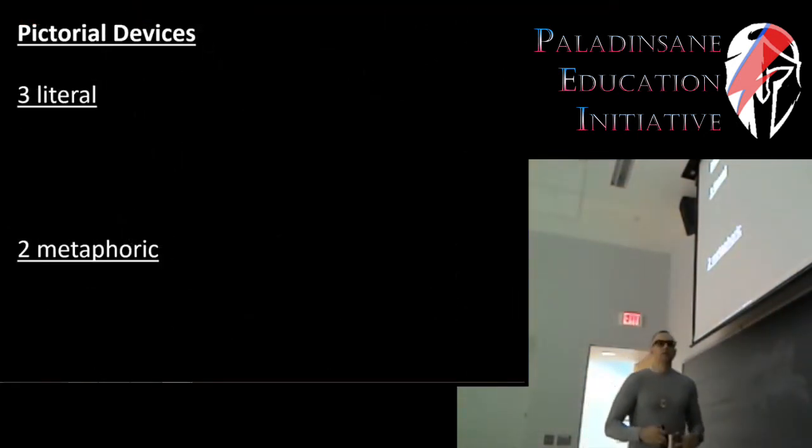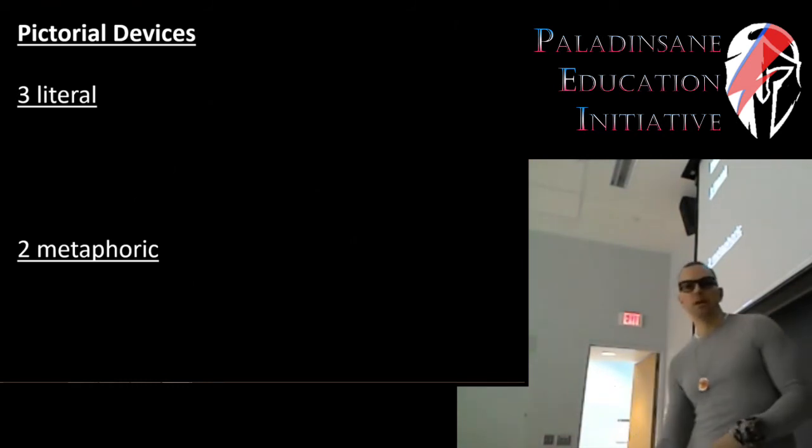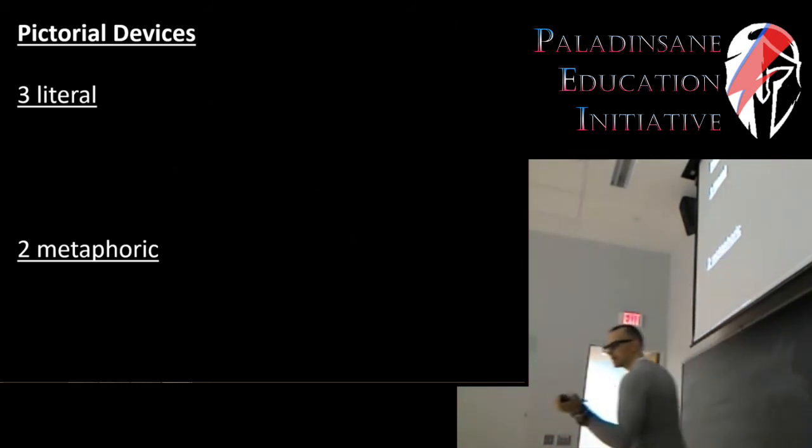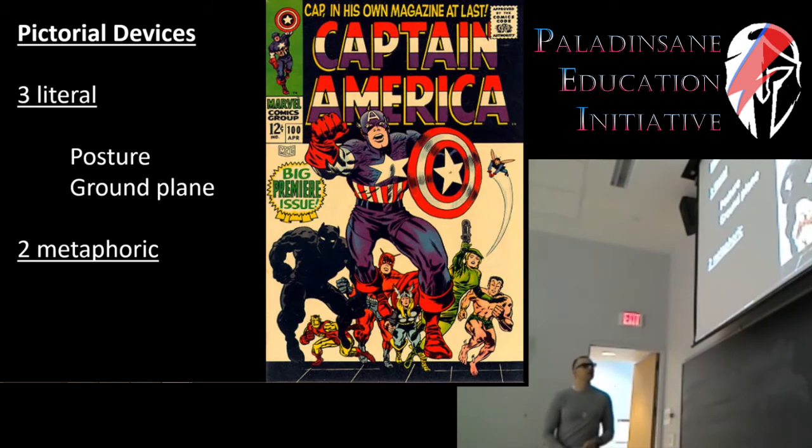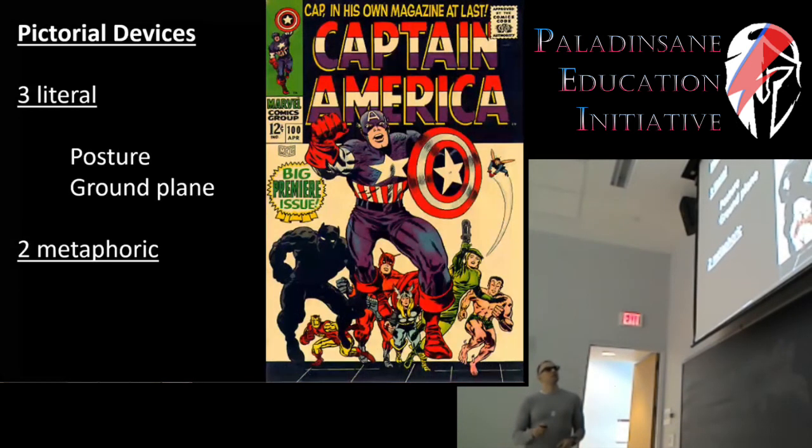All right, just to give you some examples, for this image of Captain America running, we have two literal devices. One, we have posture, the position of the arms and the legs. Two, we have the ground plane; we have him off of the ground, clearly here.